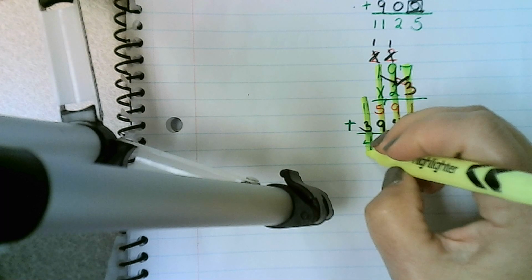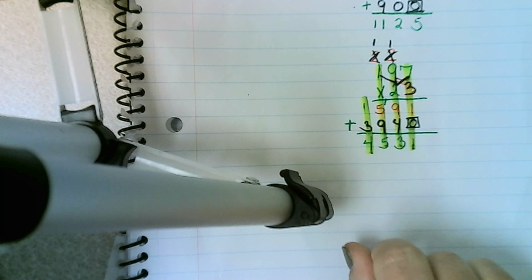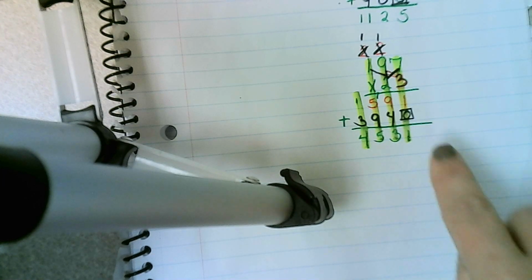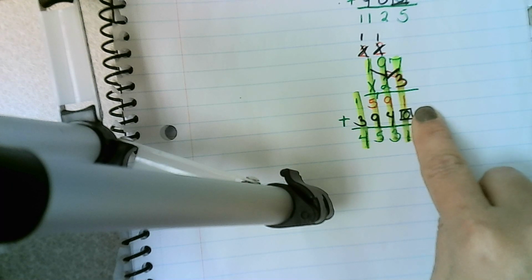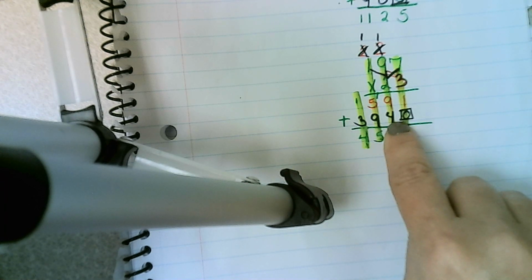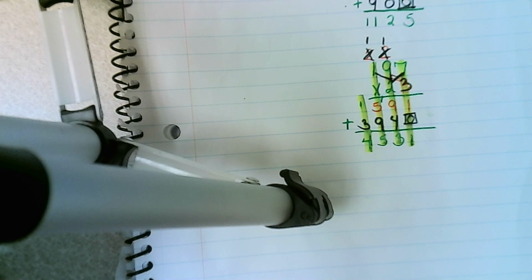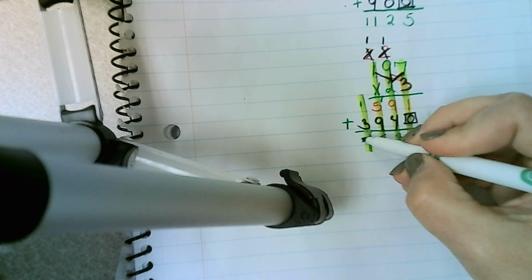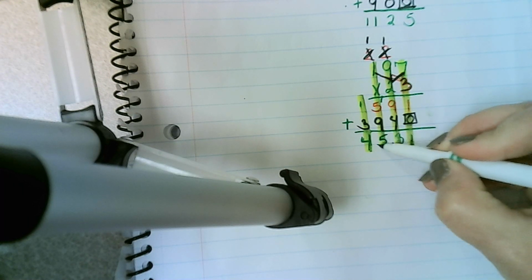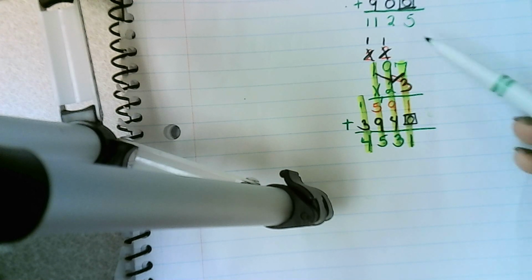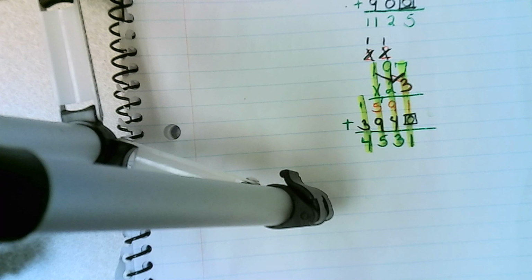Another mistake I see is people not having these lined up, and they add the wrong numbers together. Or they'll not have a space saver in, and they'll add the 4 and the 1. All right? Keep it lined up, keep it neat, keep it precise. All right, so in this one, your answer is 4,531. So that is how to do the standard algorithm, and that is how to use a multiplication grid.